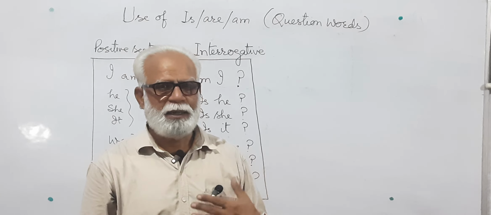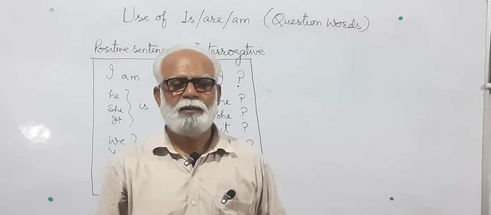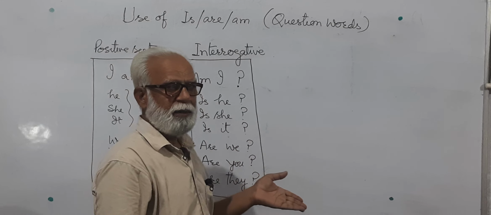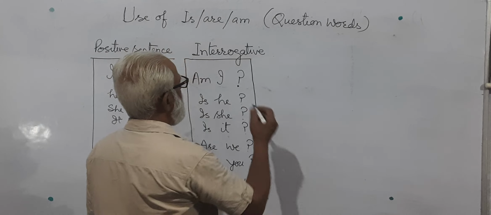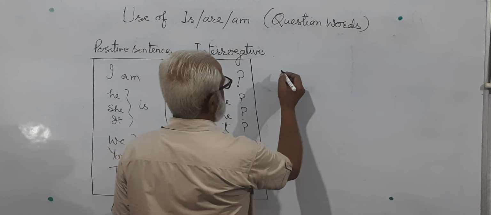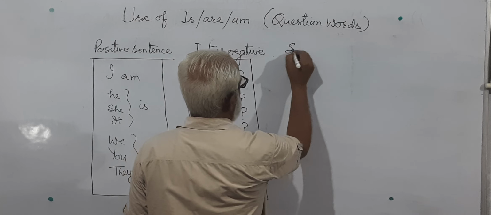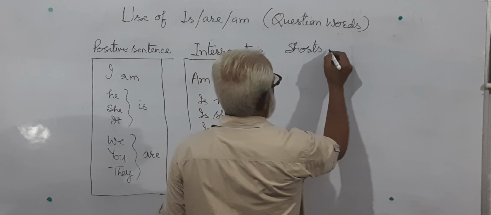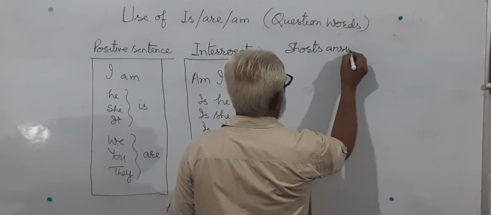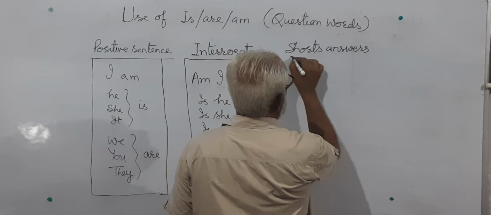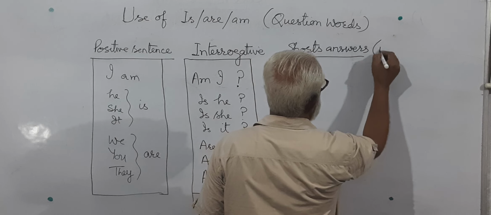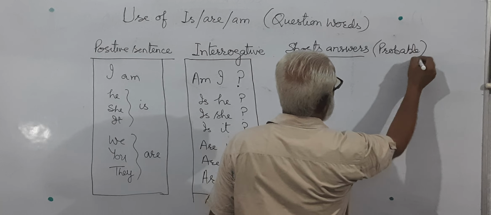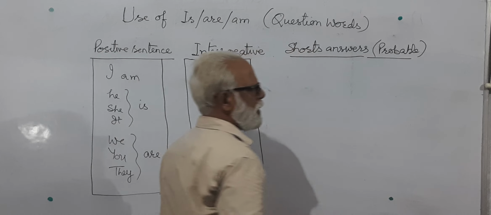If we want to respond in a positive way, then the answer to am I could be positive. Short answers, मैं लिखता हूँ यहाँ पे, short answers. These are probable answers. Don't take them as permanent answers.